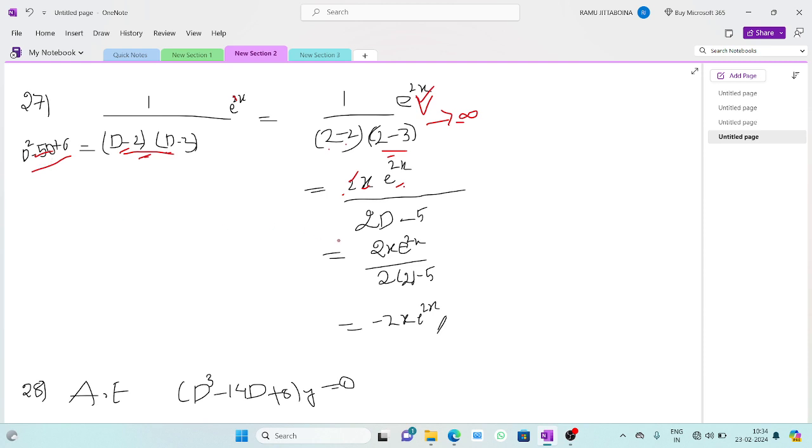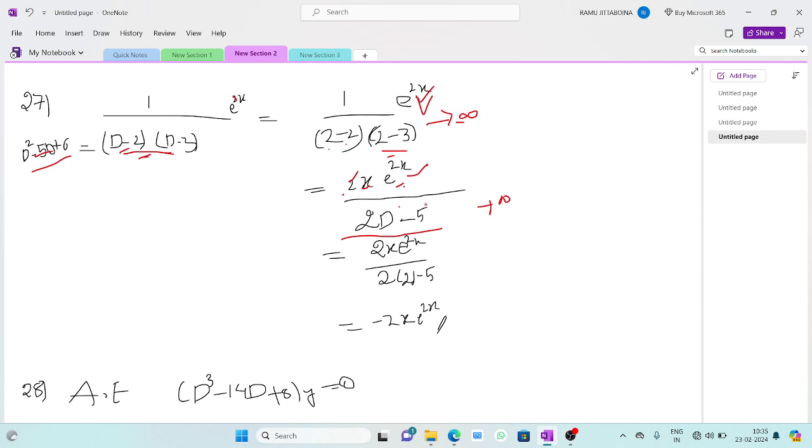If I differentiate this, I will get 2D minus 5. Then you have to apply the value 2 again here. If it is satisfying, that's fine. If it is again going to infinity, you have to apply the same step: multiply with x and differentiate the denominator once.